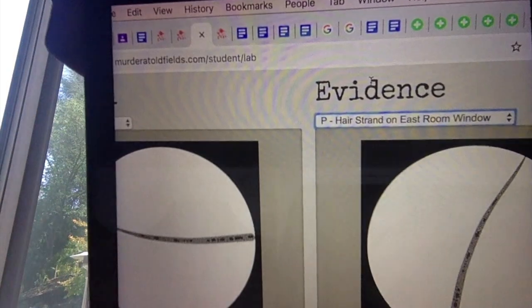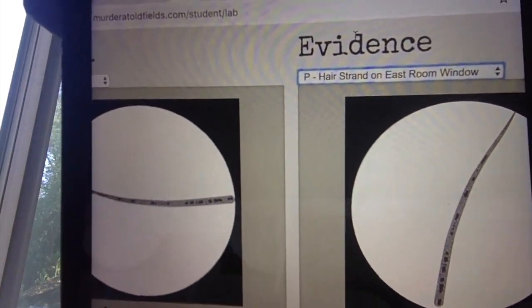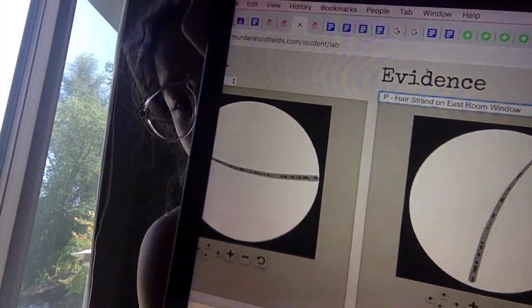The medulla pattern is fragmented, the medulla structure is absent, and the scale pattern is imbricate. Mr. Smith's hair sample was also comparable to the hair strand found on the east room window because this hair strand was also straight gray, the medulla pattern was fragmented, the medulla structure was absent, and the scale pattern was also imbricate.